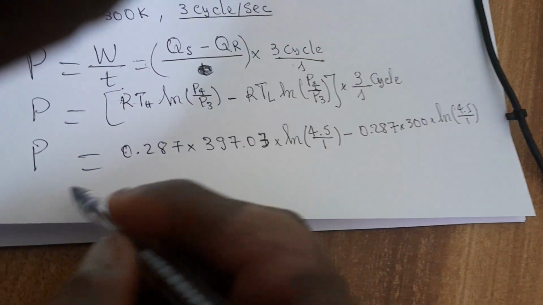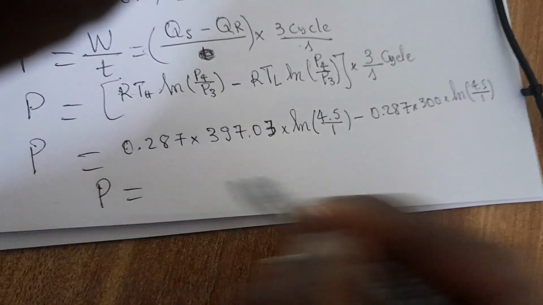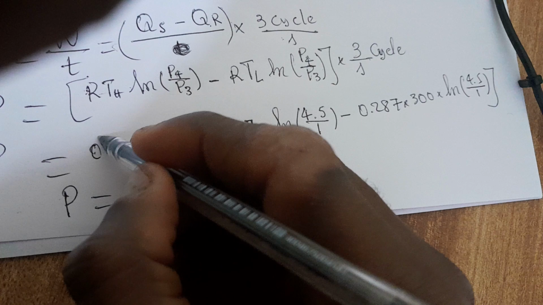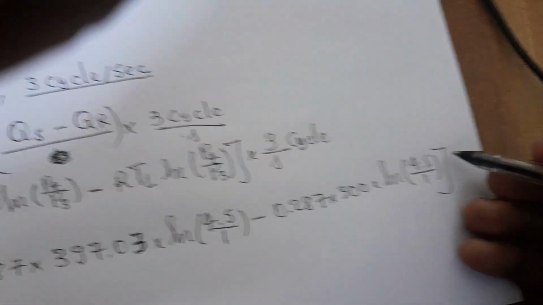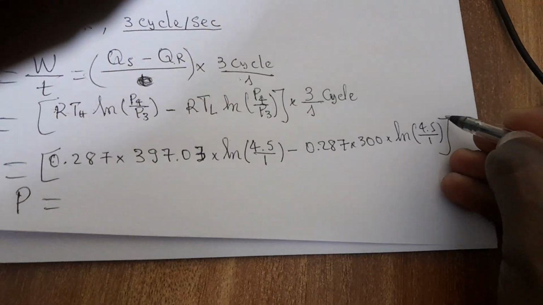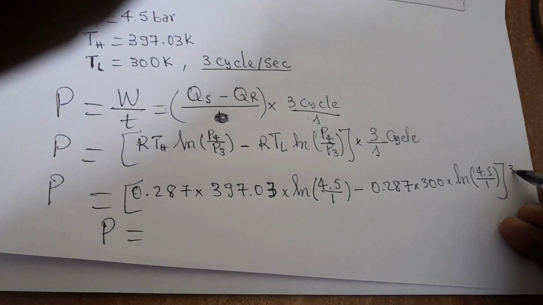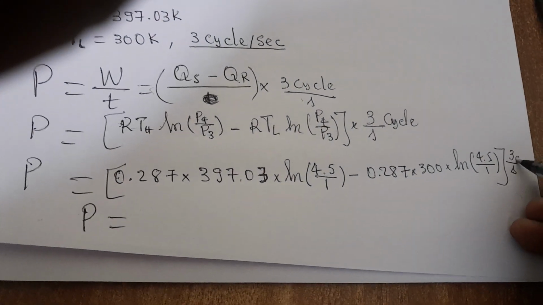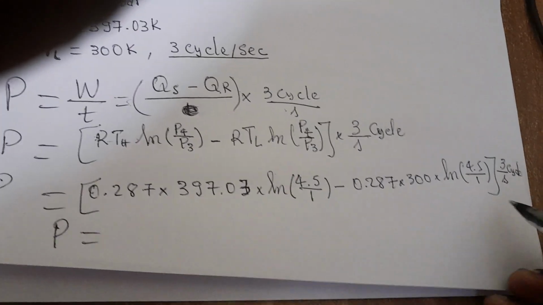Now when we calculate all this, we do not forget we have to multiply by 3 per second cycle.